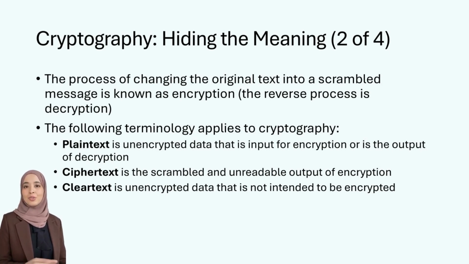Now, let me introduce some key terms in cryptography. You will hear a lot about plain text. Plain text is the original text, which is ready to be scrambled, or the result after it has been unscrambled.